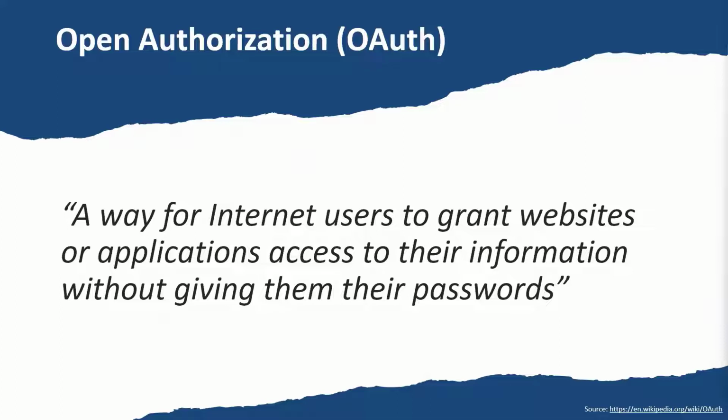It's a means for you to give that access without giving away your passwords and having your passwords for all of these systems stored all over the place. Now, OAuth 2, which is what we're really going to be looking at today, is just an iteration of the same framework that's obviously gotten better over time. You don't have to be too concerned about that, but just know that open authorization is the crux of what we'll be dealing with today.